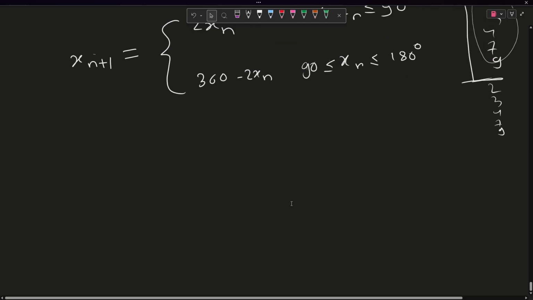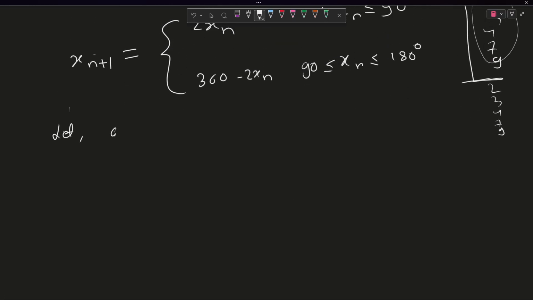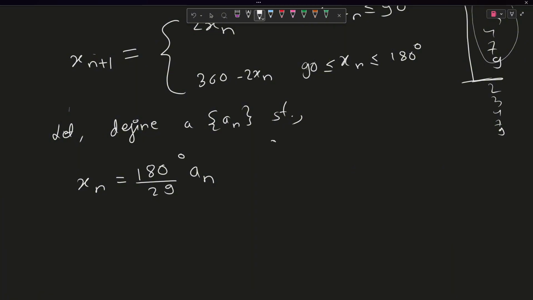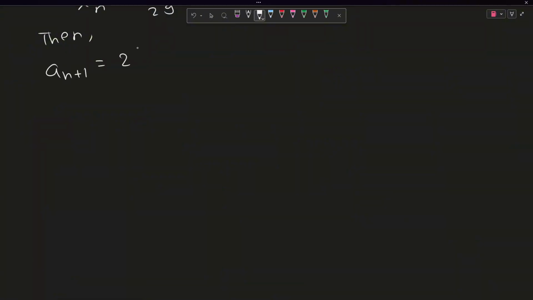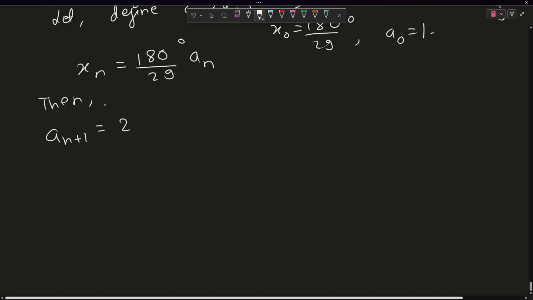Okay, so now let's define a new sequence an such that xn is equal to 180 by 29 degrees times an. Since x0 is equal to 180 by 29, we just have a0 is equal to 1. Then a(n+1) is equal to 29 by 180 degrees times x(n+1).